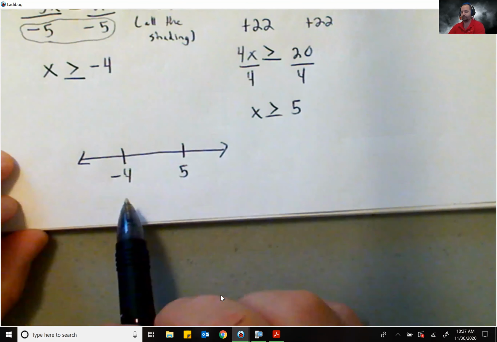All right. So ORs are all about wherever there is shading. Where does all my shading start? We don't care if it overlaps or not. We just want wherever there's shading. It starts at -4. And which direction does it go?